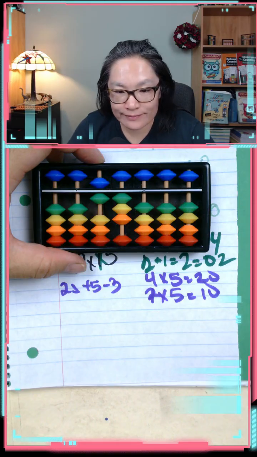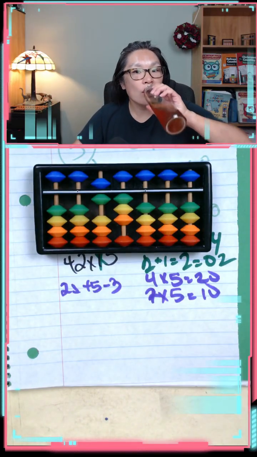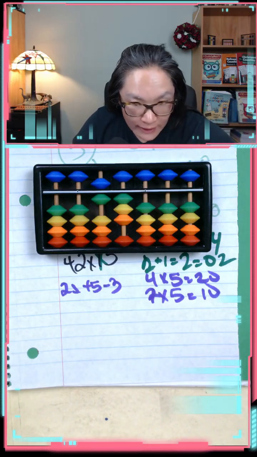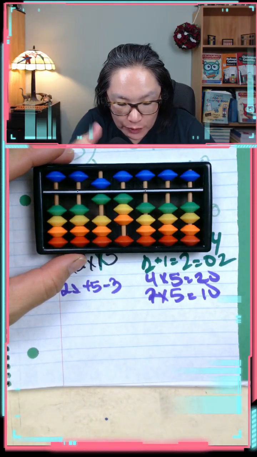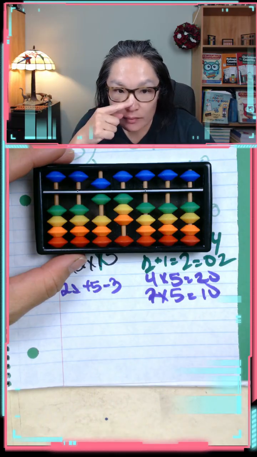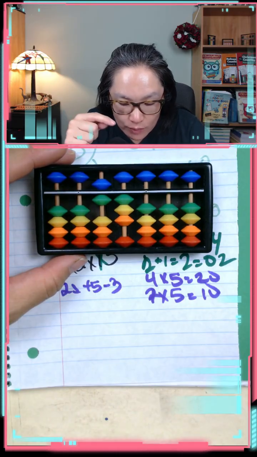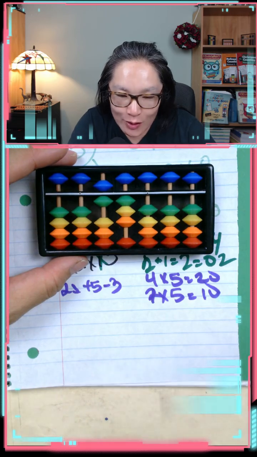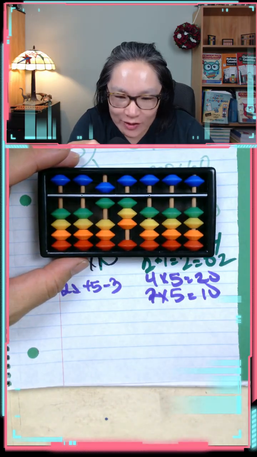Oh, I can see everything. Yeah. But see, that's the difference, right? That's the difference between doing it old school math and doing it Abacus math. And you're going to start seeing that it's more efficient to do it the Abacus method. Thank you, 300.